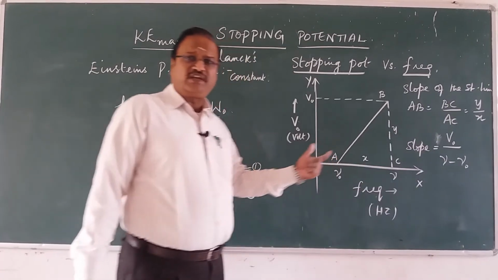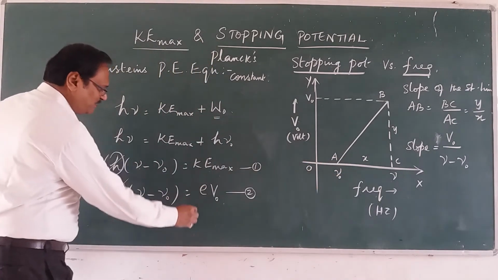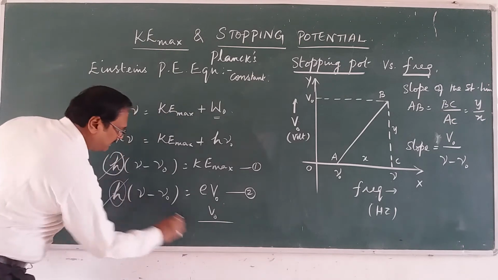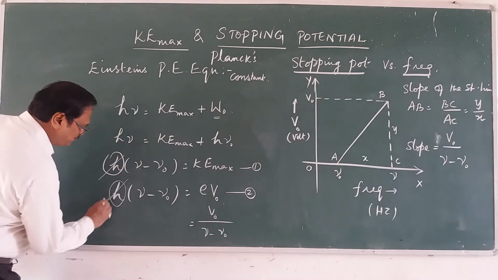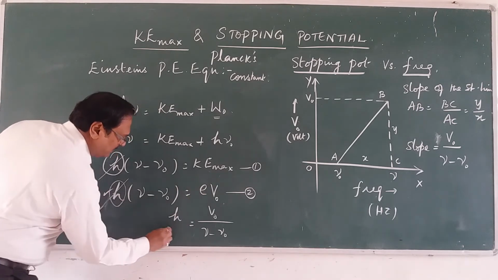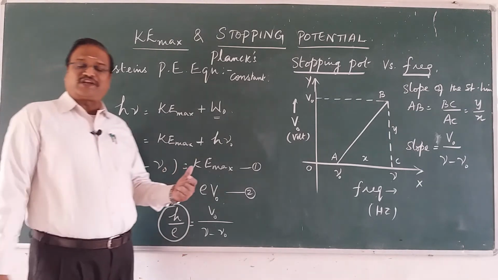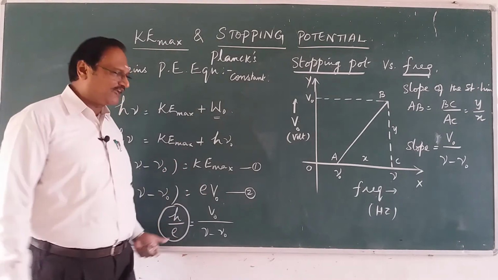Now what is V naught upon nu minus nu naught? Look here in this equation, V naught divided by nu minus nu naught is equal to, already h is there, this E comes down, so h by E. It gives you the ratio between Planck's constant and the electronic charge.